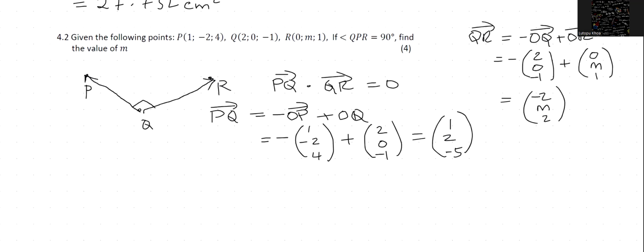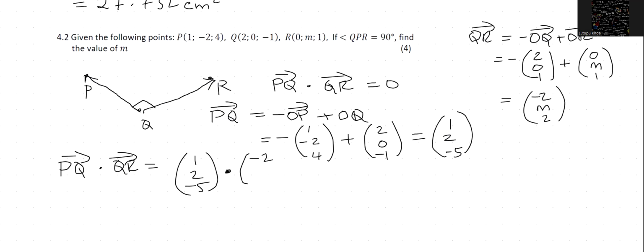Now, because they are at 90 degrees, they're perpendicular, so we find PQ dot QR. This is 1, 2, minus 5, dot. It's very important that you put a dot here and not a multiplication sign, because with vectors, the dot and the times sign mean different things.